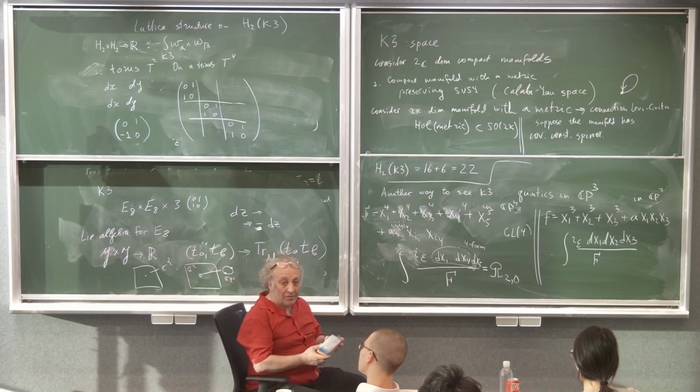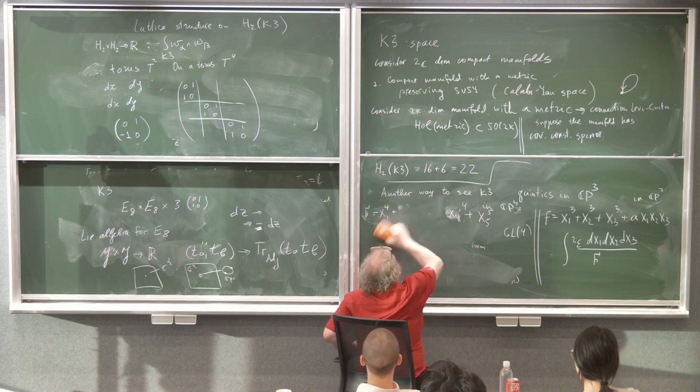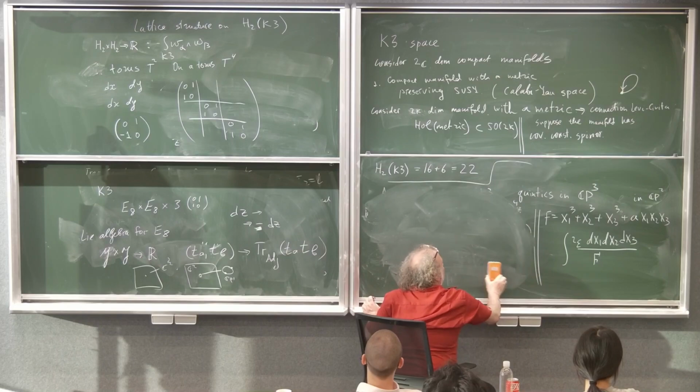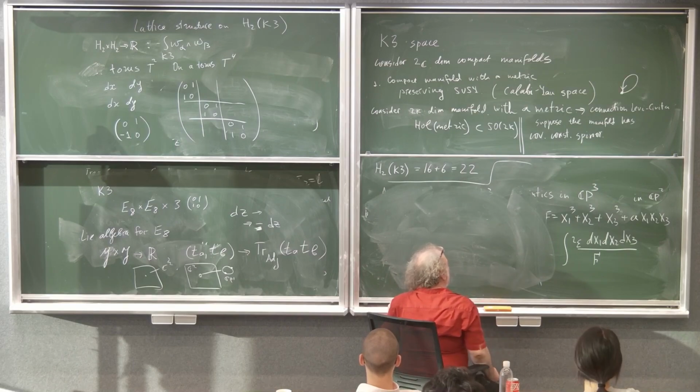So I'll do it. But this E8 times E8 must be related to the 16 fixed points, right?